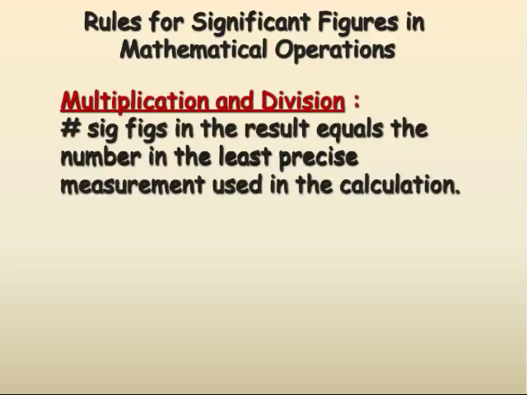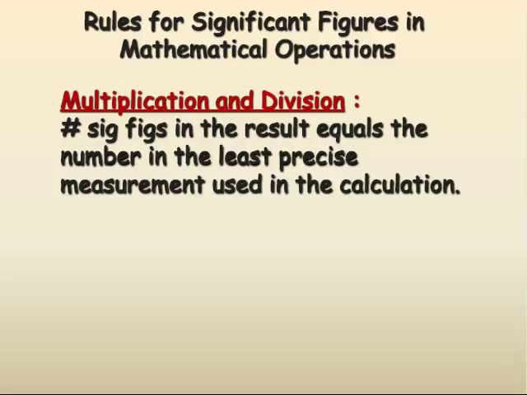Now, when we are going to be multiplying, dividing, adding, or subtracting significant figures, which we will be doing a lot, there are rules to follow here. The number of significant figures in the result of a multiplication or division problem equals the number in the least precise measurement used in the calculation.